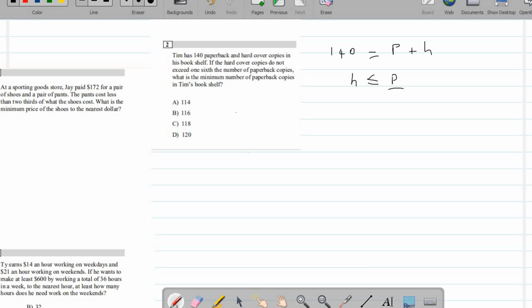And what is the minimum number of paperback copies in Tim's bookshelf? So if H is less than or equal to P over 6, you can just use the equal sign there, P over 6. We're simply going to replace it there. 140 equals P plus P over 6.